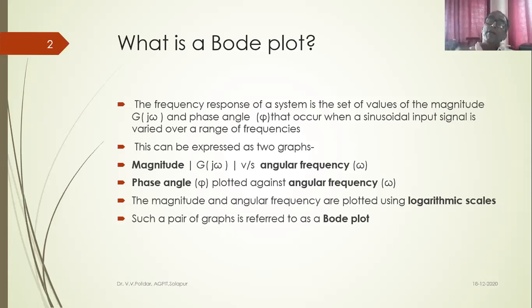Now, when I carry out frequency response, when I give a sinusoidal input, the normal practice is that the sinusoidal function is given in the form of a complex variable, isn't it? If you remember, this sinusoidal input can be represented by putting s = jω.